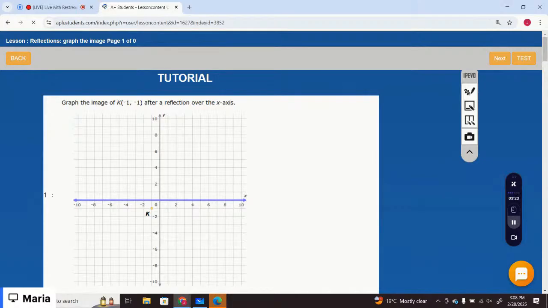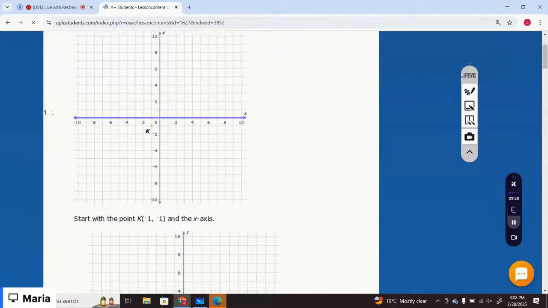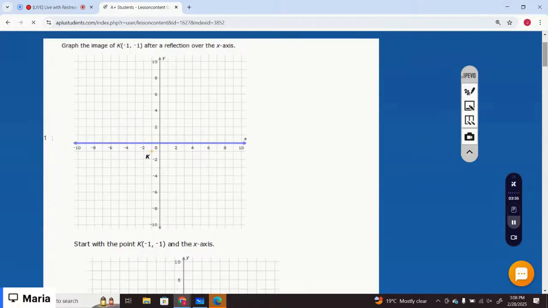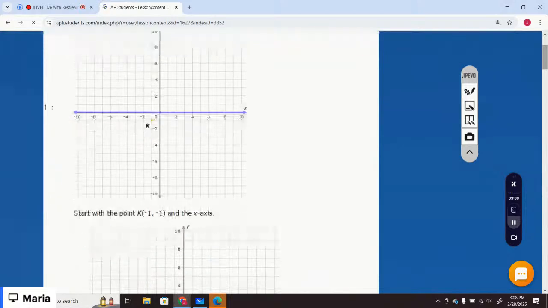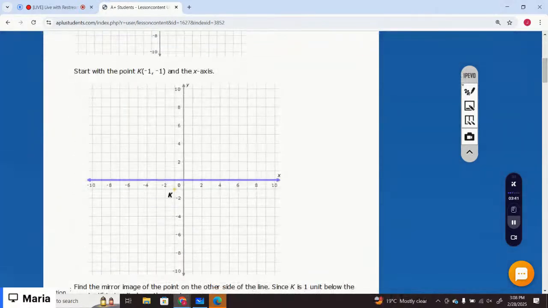Graph the image of K (-1, -1) after the reflection over the x-axis. Here is the point (-1, -1). So you have to graph the image after a reflection over the x-axis. Here is the x-axis, the highlighted line, right?